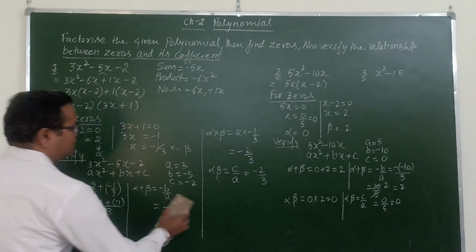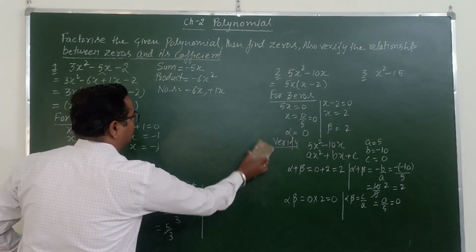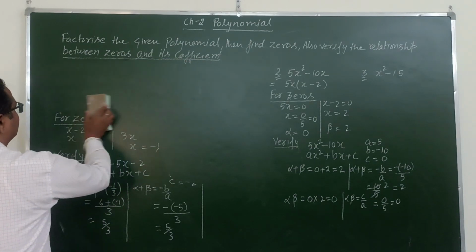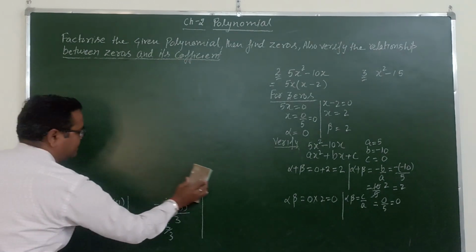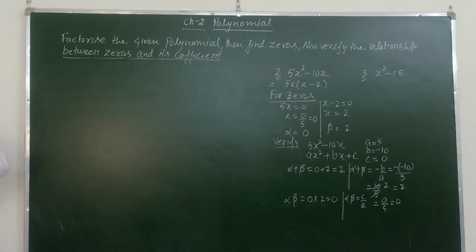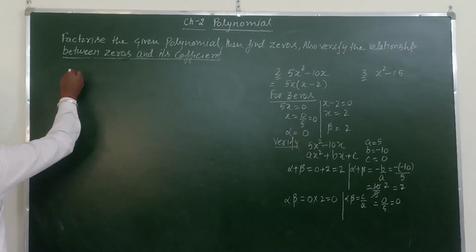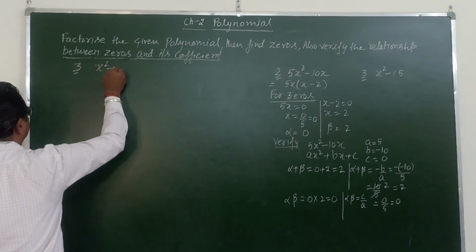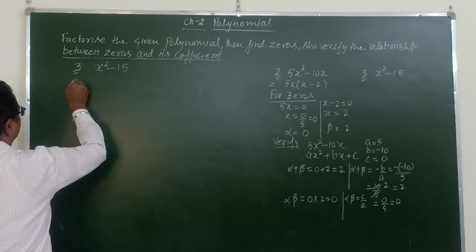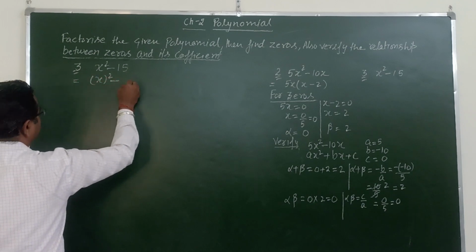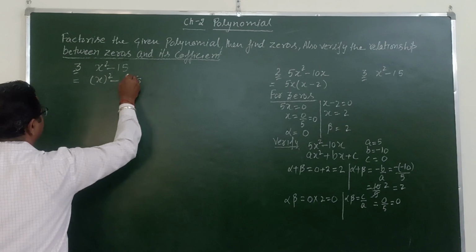Now the third part. In the third part the middle term is missing. So when the middle term is missing, or b is 0, in that case you will always apply the identity, which is a square minus b square. So factorize it, x square minus root 15 square.